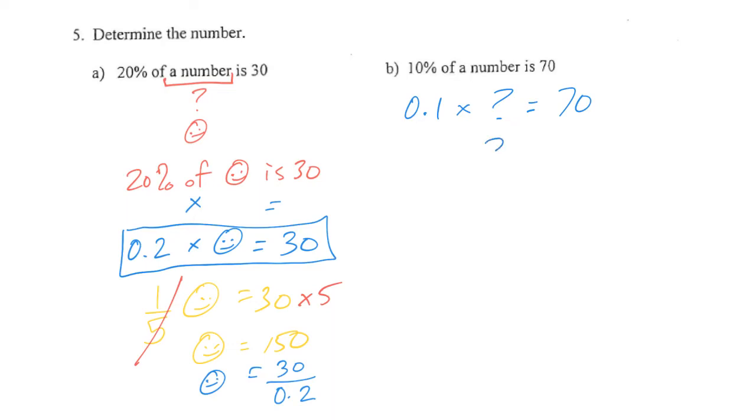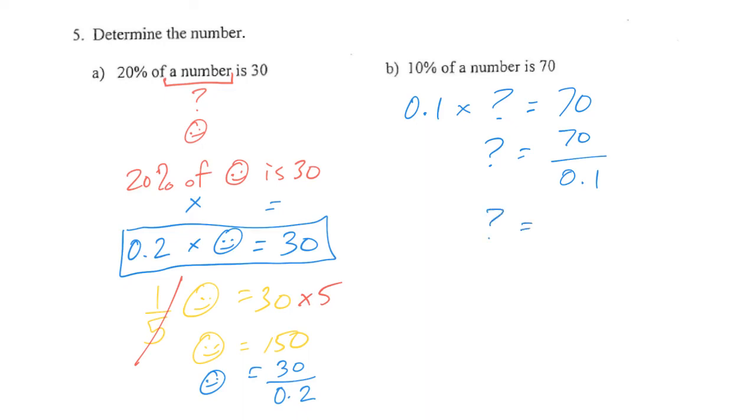To figure out what's missing, what do I have to do to 70? Divide by 0.1. I've got the multiply on the left side, so how do I get rid of multiply? I divide. Okay.